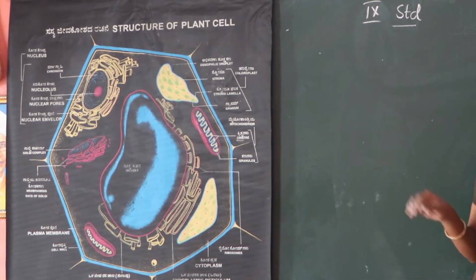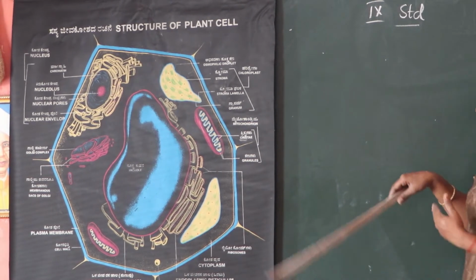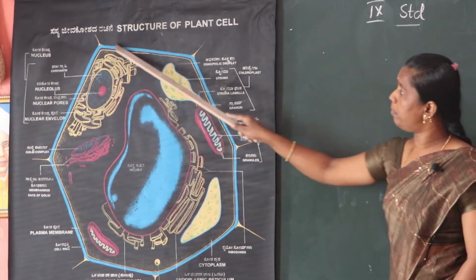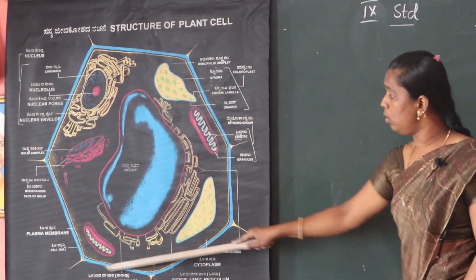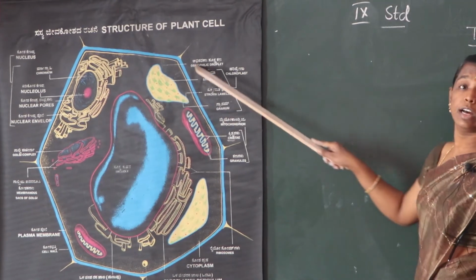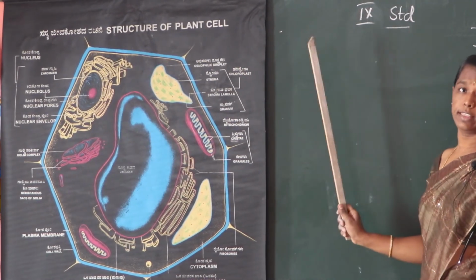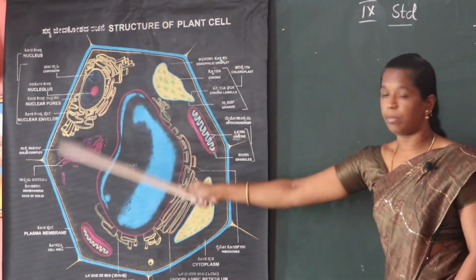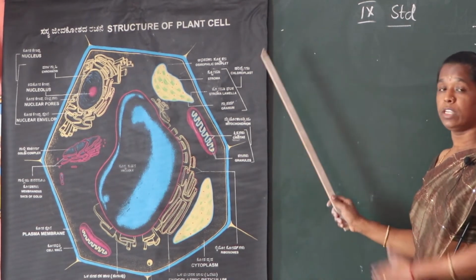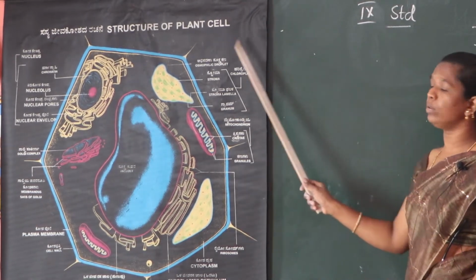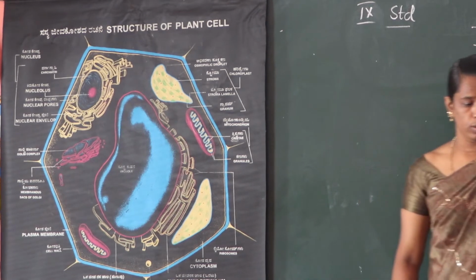It is a complex substance that provides structural strength to the plant cell. This cellulose gives structural strength and support to the plant cell.